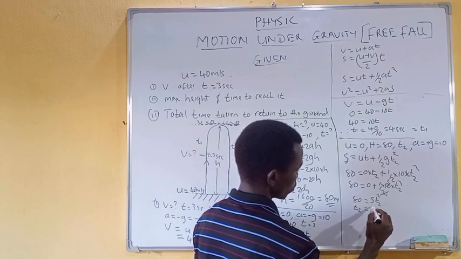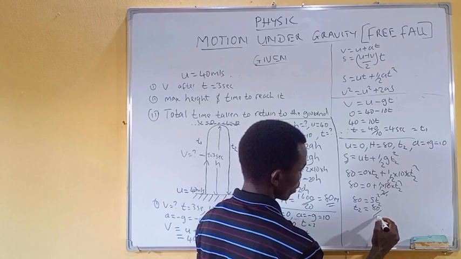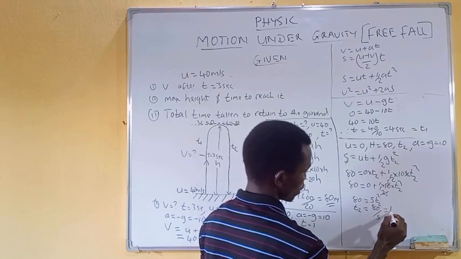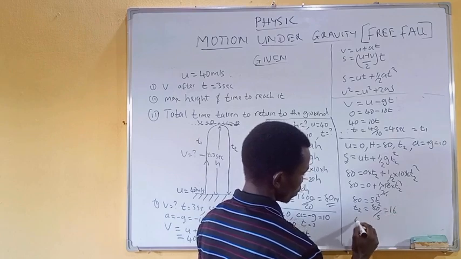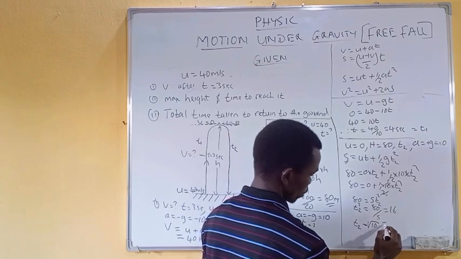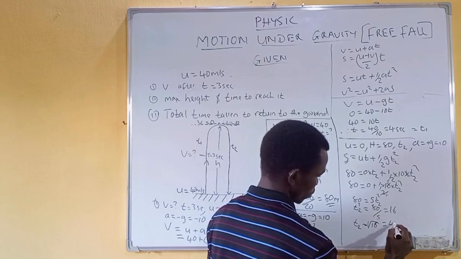Therefore, t2 squared equals 80 divided by 5, which is 16. Therefore, t2 will now be root 16, which is equal to 4.